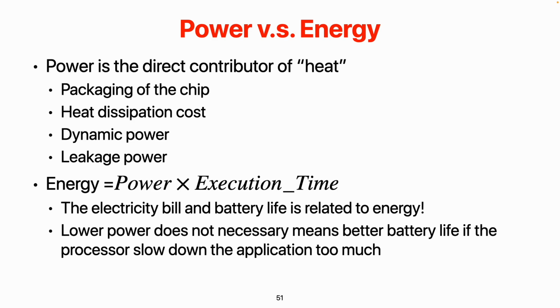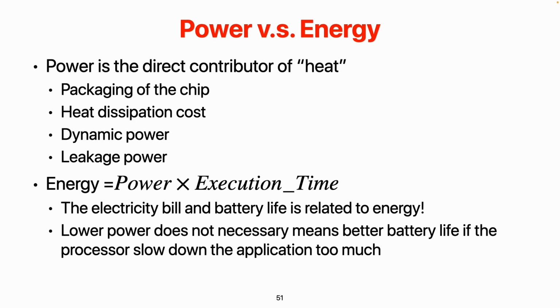Before we talk about that, we need to have a clear idea about the concept of power, energy, and carbon footprint emission. So what is power? Power is the direct contributor of heat. It's how much electricity is being consumed at the moment, a measurement of the moment.